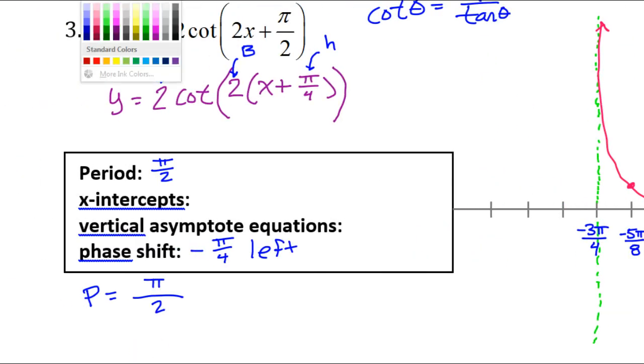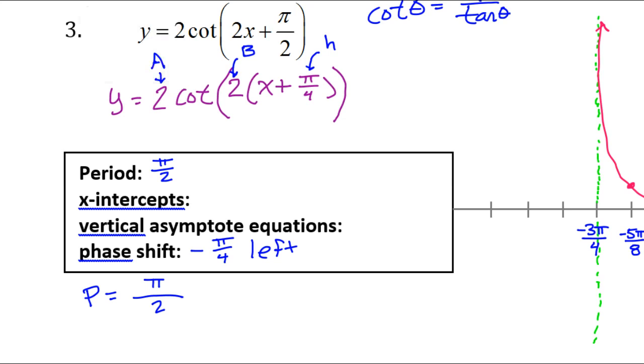Alright, so they only happen once per period. So I can say the X-intercepts will be at 0 and then plus multiples of the period. So that would be plus n pi over 2 because that's the period. But I don't need the 0, so I could just say n pi over 2, where n is an integer.